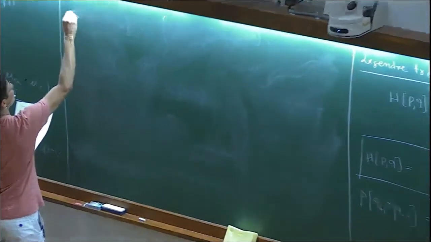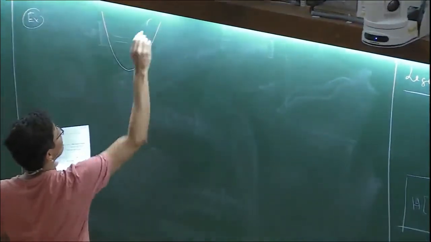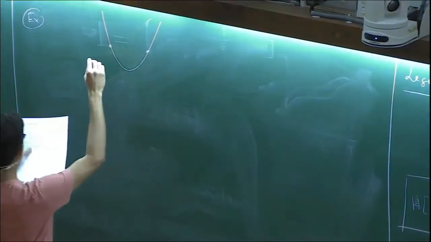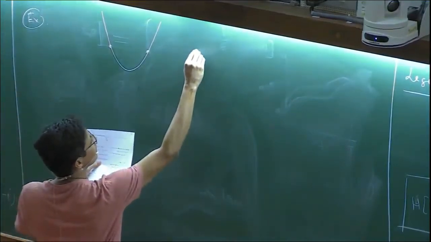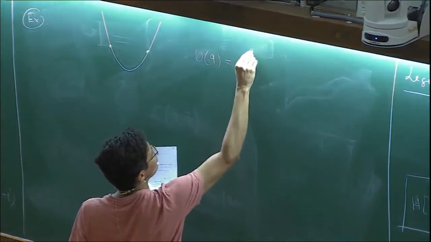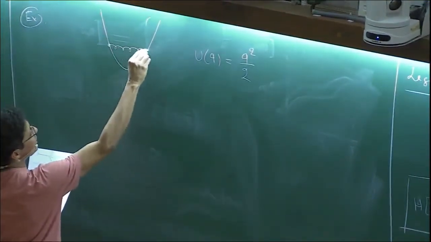So, as an exercise, it's a very simple problem. You take the same potential well, but now take two particles. Okay? So here, the potential well is U of q equal to q square by 2. And I have two particles which are connected by a spring.